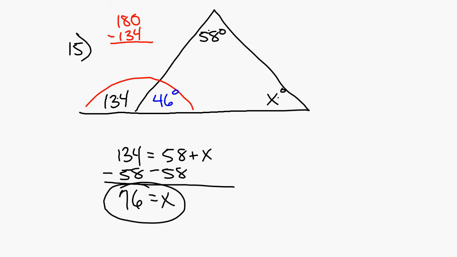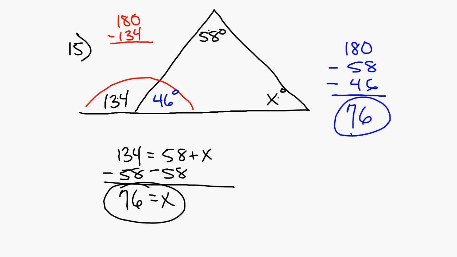Now you have two angles in a triangle and you need the third. So you could take 180 and subtract 58 and subtract 46. 180 minus 58 minus 46 is equal to 76. So either way you choose to do it, you're going to get 76 as your value of x.